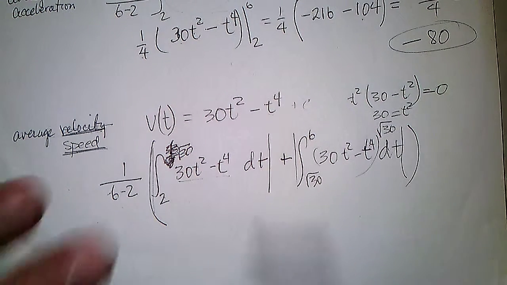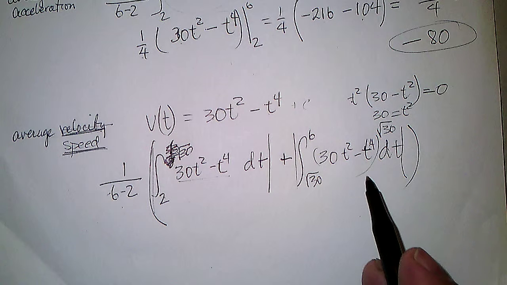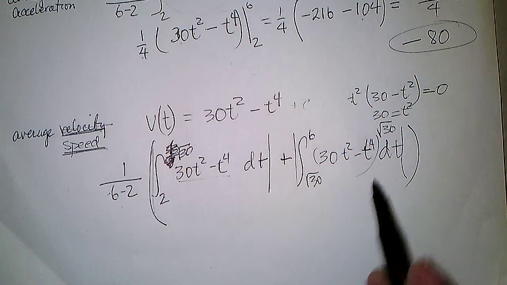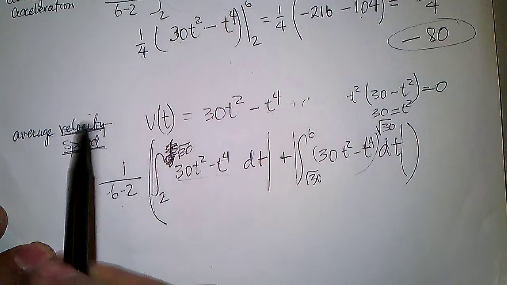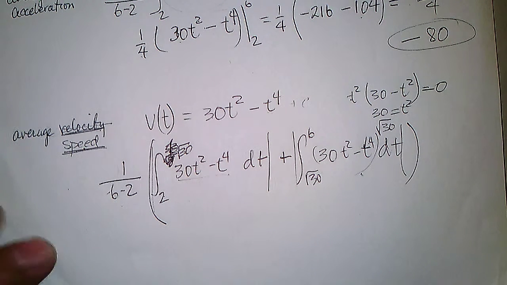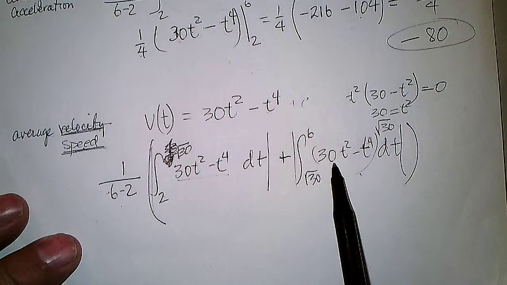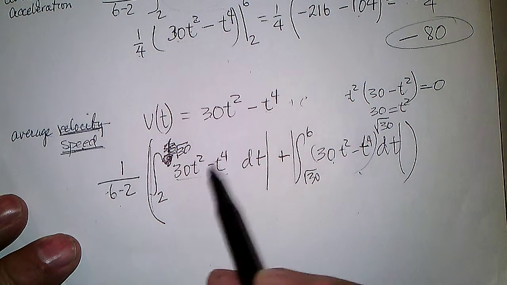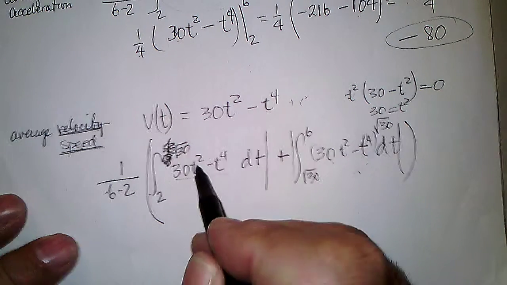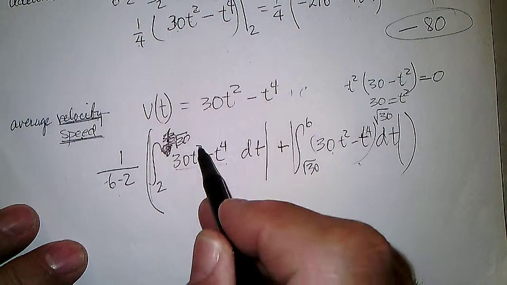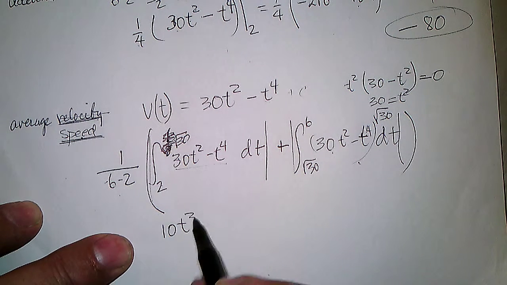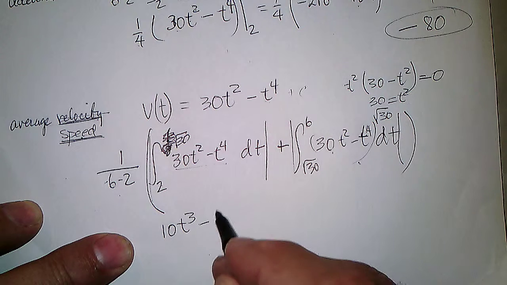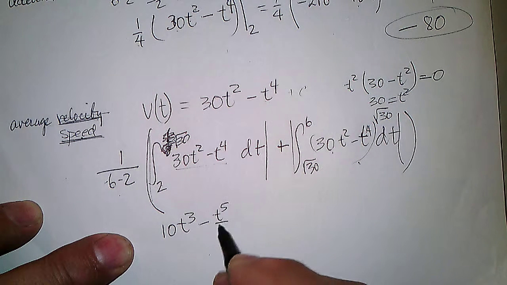So we get a total speed, and then we'll divide it by 4 to find the average speed, or the total change in distance. The total change in distance, not displacement. So we've got to work this one out. So this integrated, that would go to 3, so that'd be 10t to the third minus t to the fifth over 5.